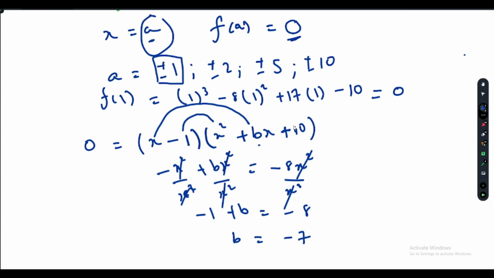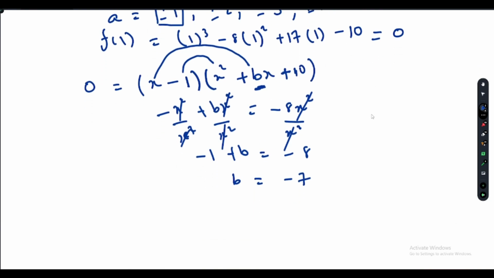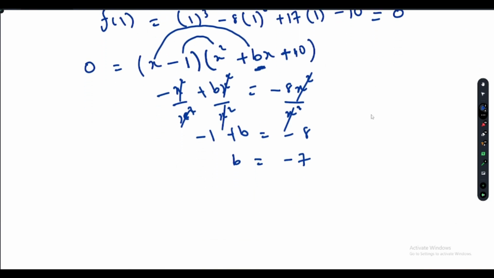Now we can go back to our equation and fill in the value of b. So we now have 0 is equal to x minus 1 into x squared minus 7x plus 10.